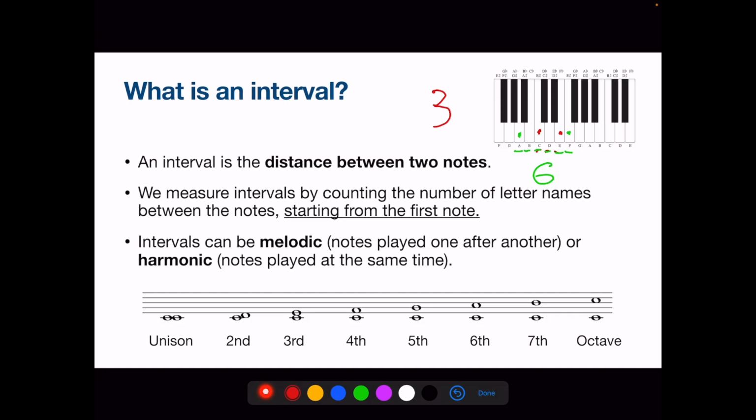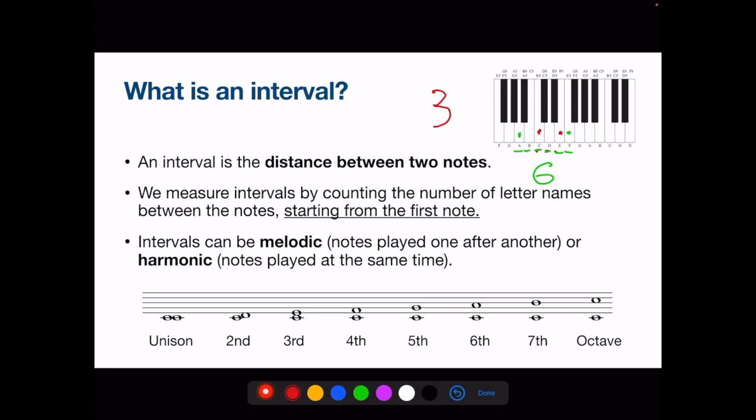Eyeballing means you just look at it, and based on how it looks, you should be able to tell what interval it is, or at least something closer, something that will lead you there.